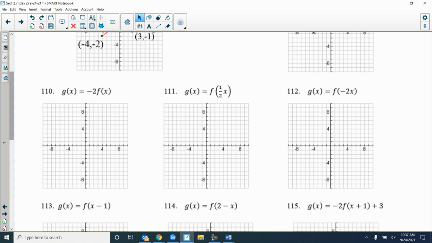The x-axis. Okay, so what was that first point? -4, -2. At -2, it's going to stretch away to -4. And then it's going to reflect over the x-axis. So it looks like here I get -4, +4.